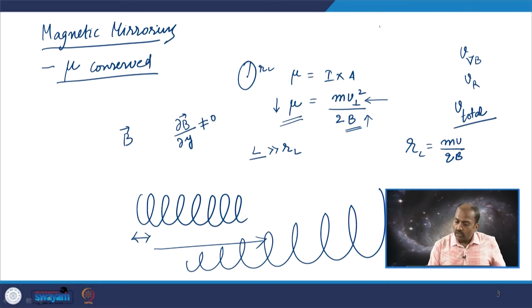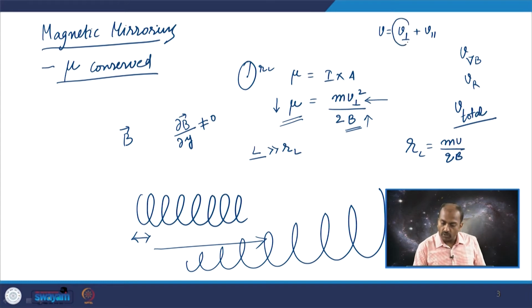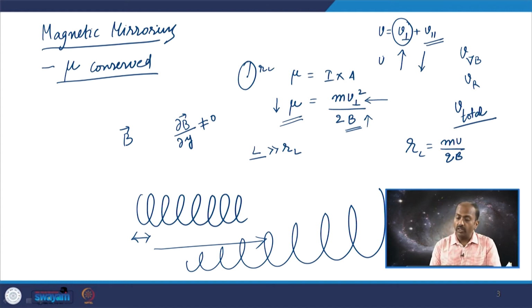Now, the velocity is always a combination of the perpendicular component plus the parallel component. If you are changing the magnetic field, V perpendicular compensates the change so as to keep the magnetic moment conserved, but the change in V perpendicular should also influence V parallel. If V perpendicular is increasing, V parallel should decrease so as to keep V constant.